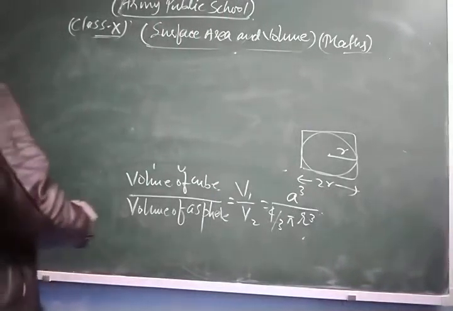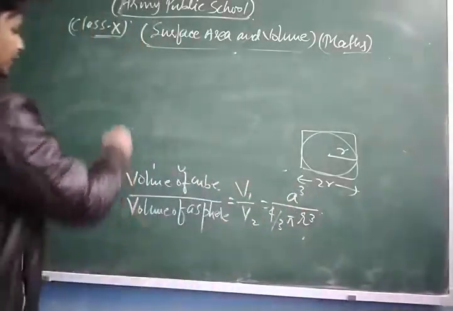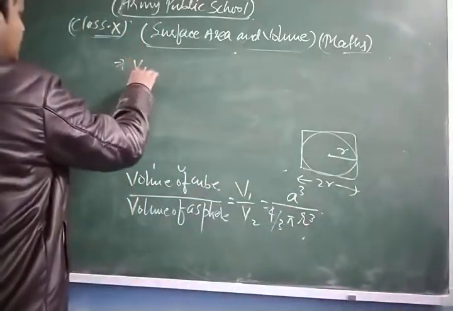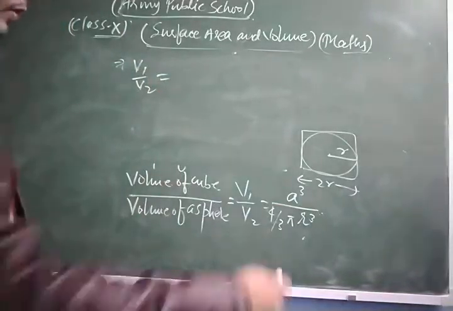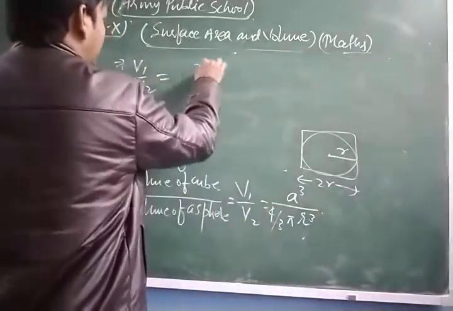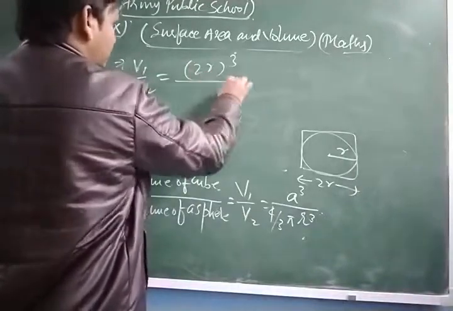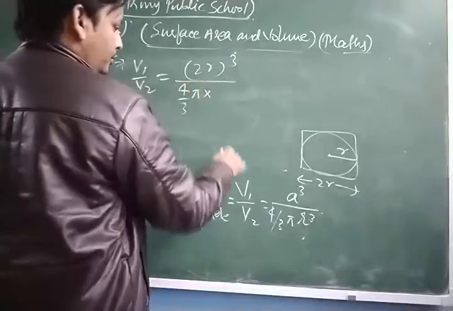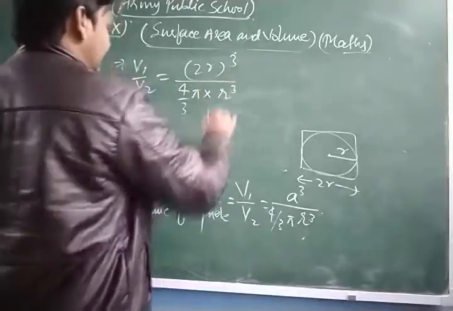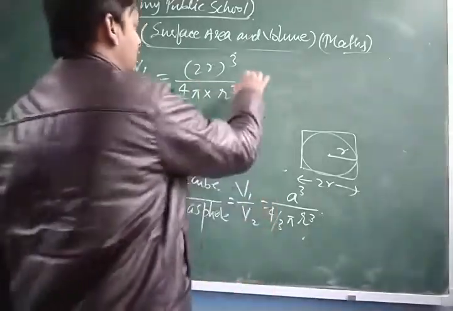Now we put all the values. Each edge of the cube is 2R. So V1 upon V2 is equal to 2R cube upon 4 by 3 pi into R cube, R as it is because we take R as the radius.